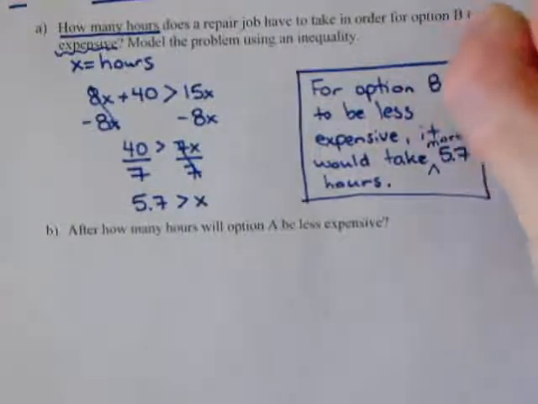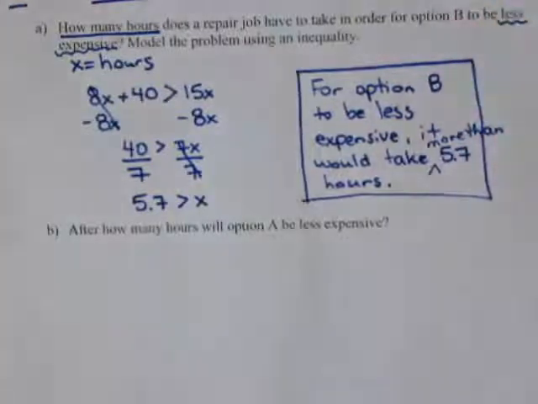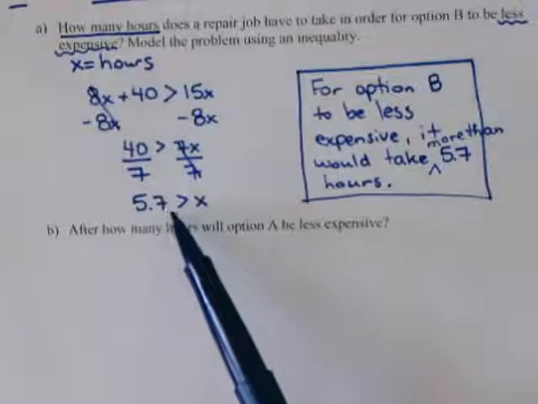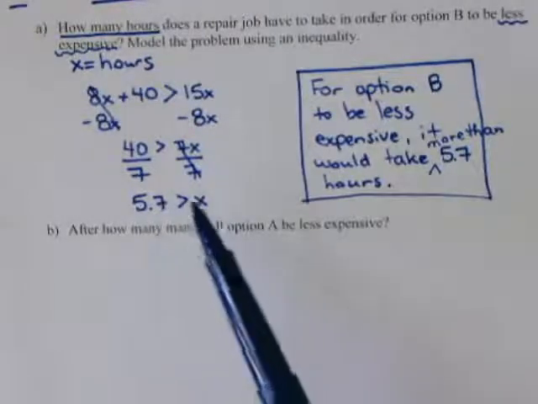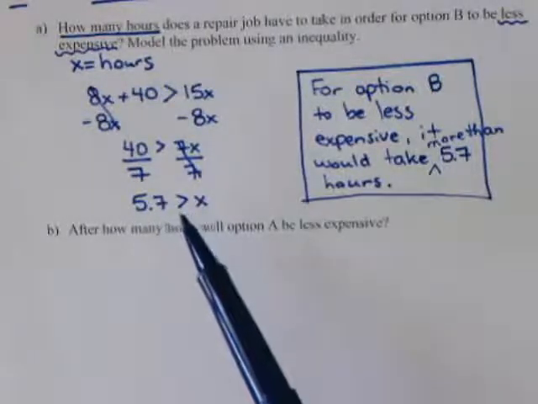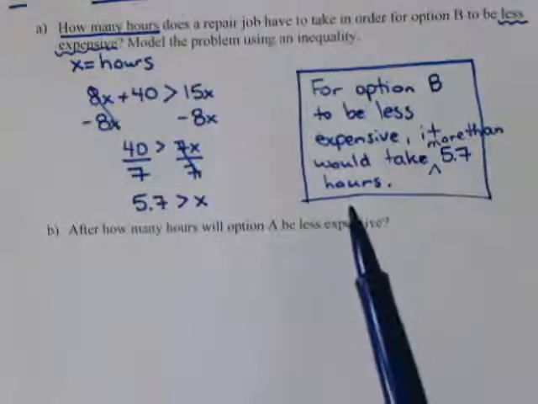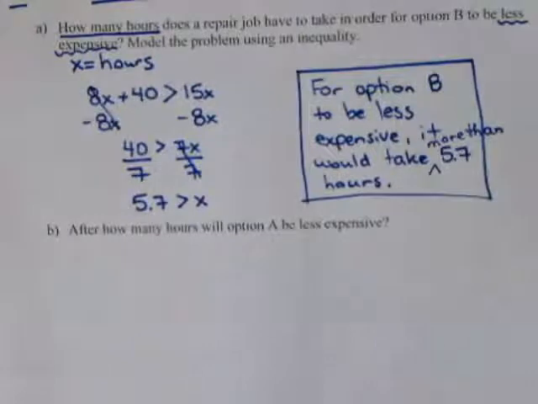more than 5.7 hours. And we say more than because of the fact that it cannot be equal to 5.7 hours according to our inequality here. So it would take more than 5.7 hours for option B to be less expensive, okay?